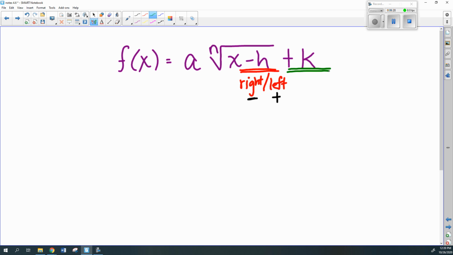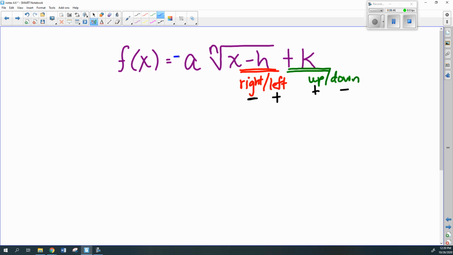All right, then let's move out here. A plus or minus outside of the grouping symbol is your up or down shift. Plus is up, minus is down. All right, well then let's move back to the front.